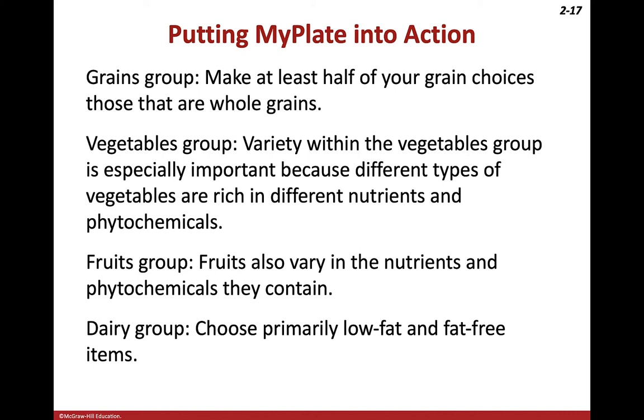Those vegetables that are brighter, so peppers, things like that, tend to be very good sources of a lot of phytochemicals and antioxidants. And fruit falls under the same category. So once again, the thing that's cropping up pretty regularly is this concept of variety. When we talk about dairy, we should be making choices that are low fat and fat free.